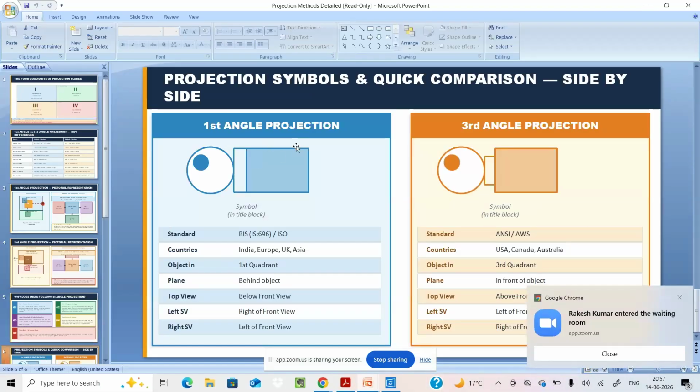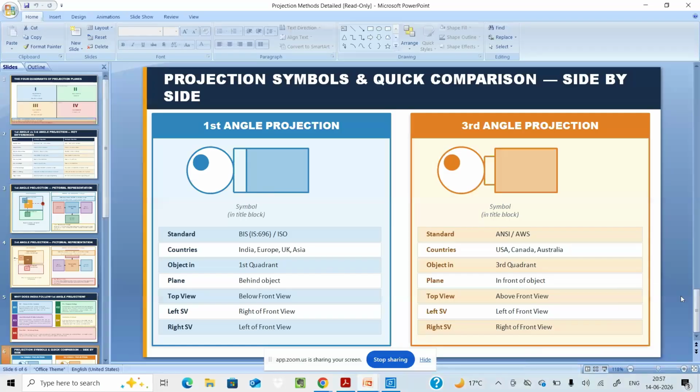So first angle projection or third angle projection, you'll mention in the drawing sheet. I hope everyone is able to see this one.